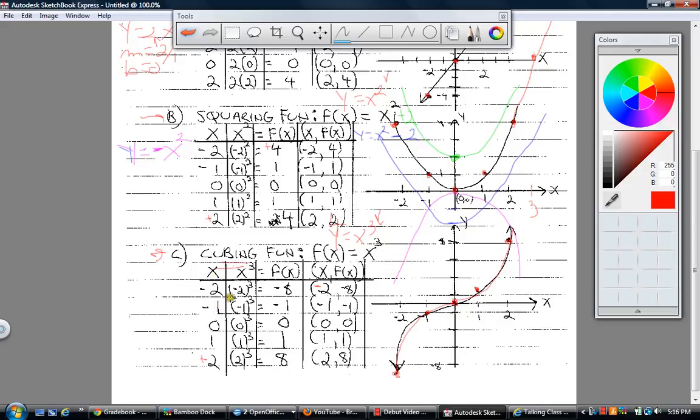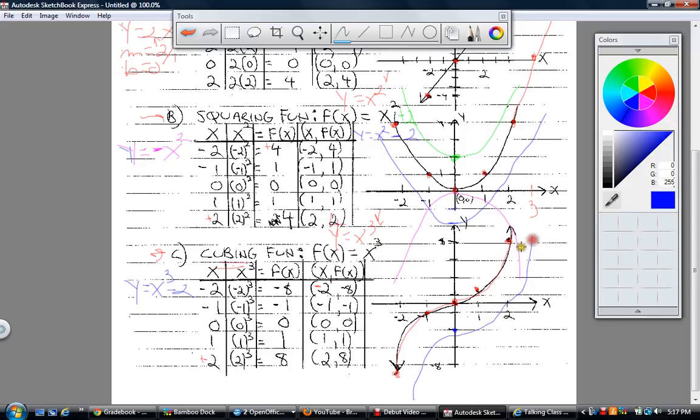Same idea as up here in squaring functions. You're going to get a few problems where you'd be asked to do y, and again, y can be replaced with f of x, but I'm used to just saying y equals x cubed minus 2. Everything would shift 2 units down, and the propeller would look like this.